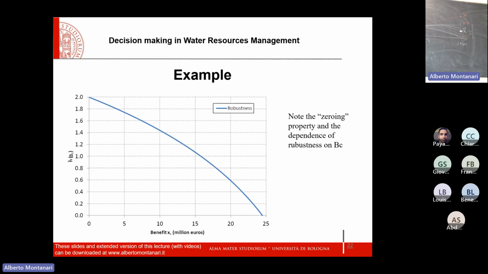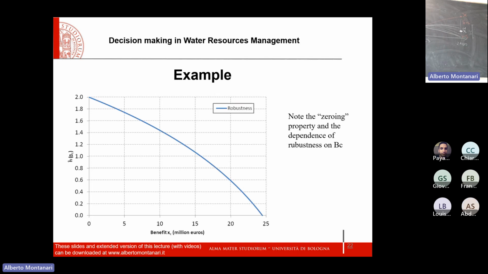So bigger is better. In this case, I have this function, but I would have preferred something steeper, going up with a steeper pattern, because it means I am granted the possibility of getting more uncertainty. And this is called the robustness function.